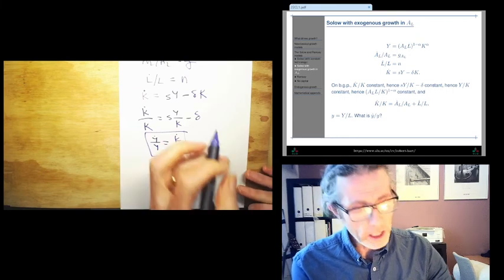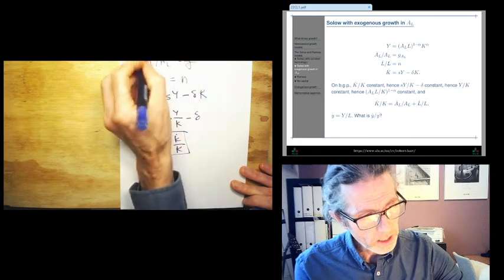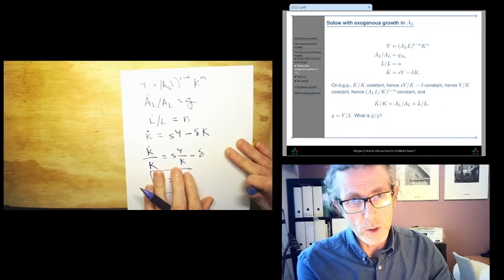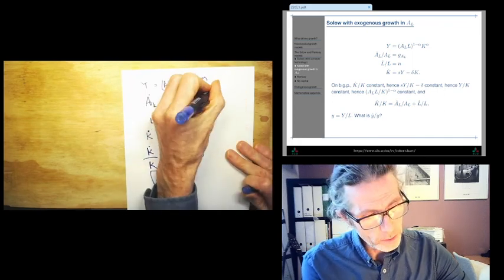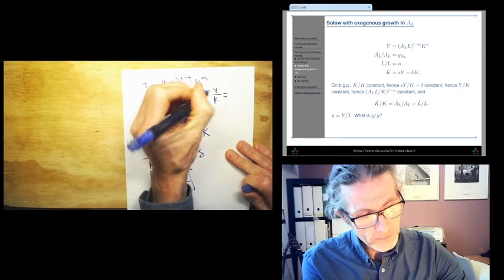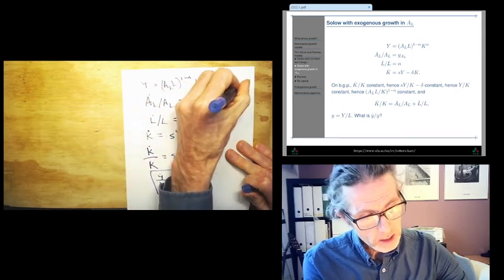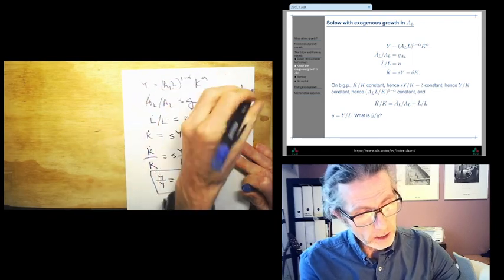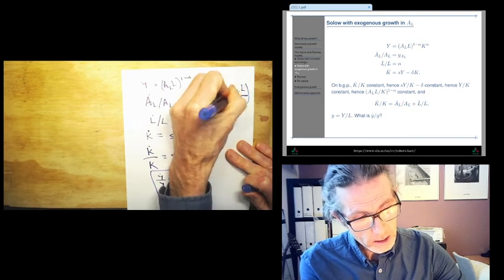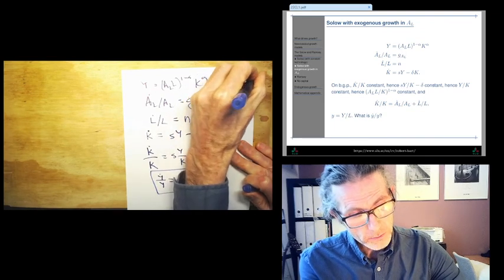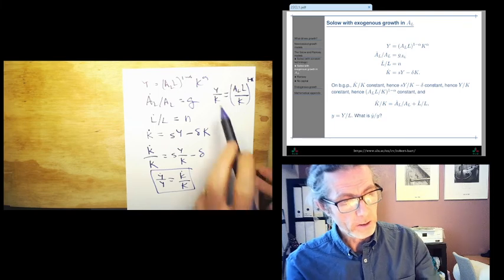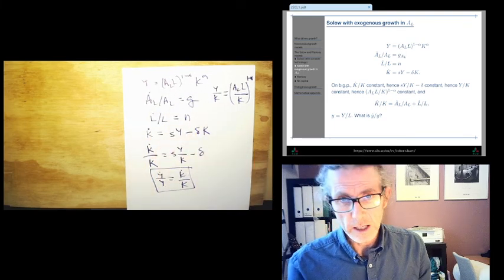So if y over k is constant, based on this definition of y, we know that y over k is (AL)^(1-alpha) over k to the 1 minus alpha. I've just divided both sides by k.